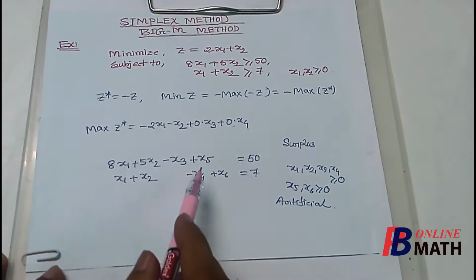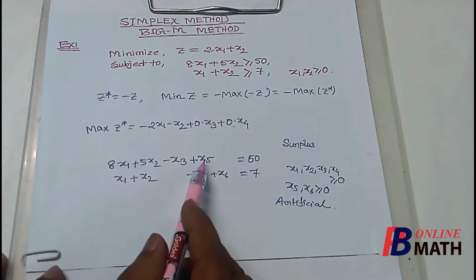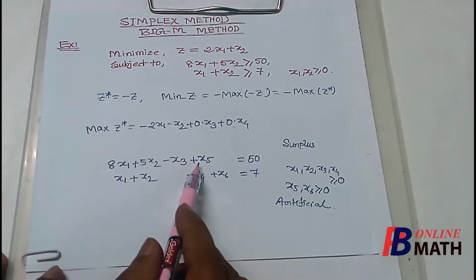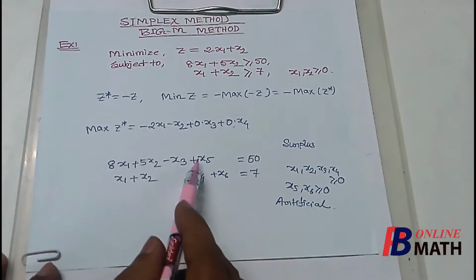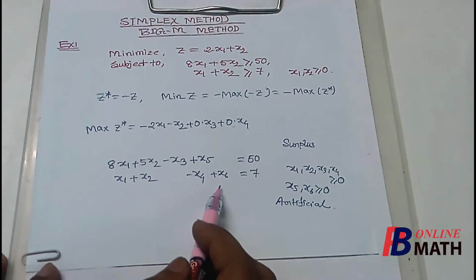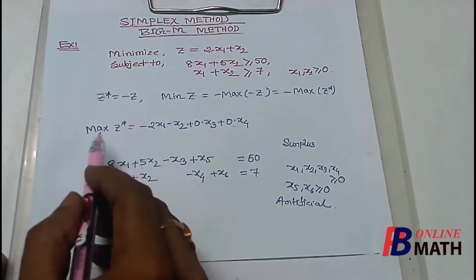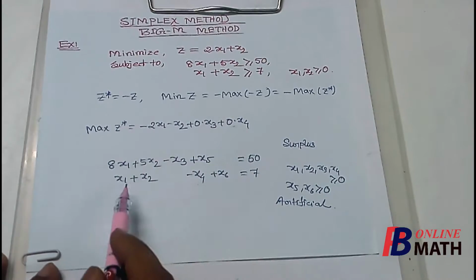So now we have unit basis vectors for the artificial variables x5 and x6. These unit basis vectors are 1, 0 and 0, 1. So now we have to modify the objective function.